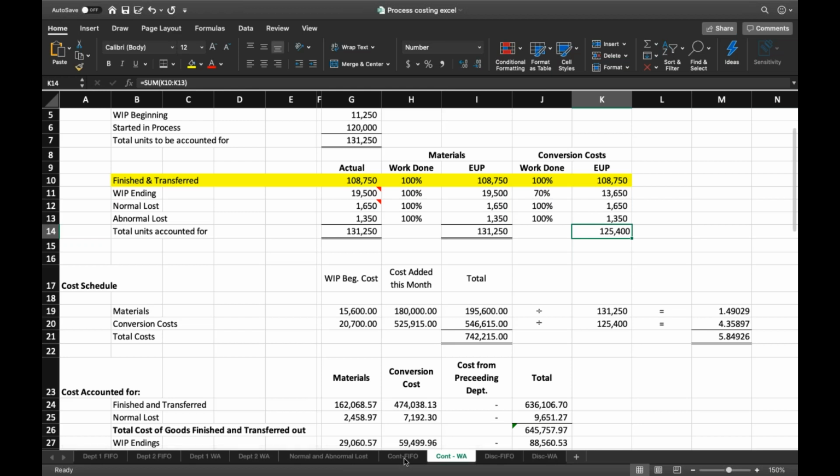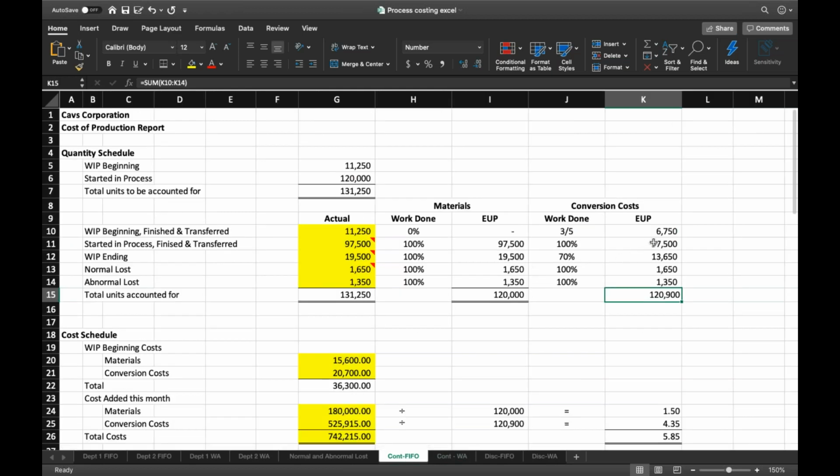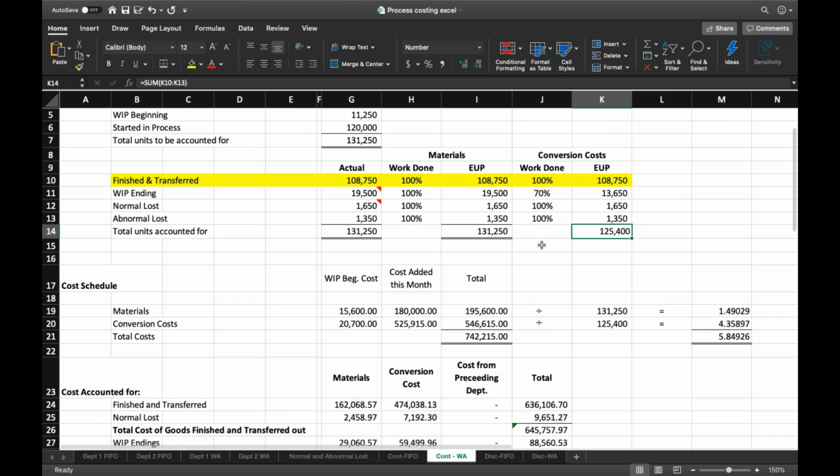Okay? I hope you were able to see the difference. Ito, 0 siya dito. Dito, 6,750. The rest are the same. So, nagkaroon ng change sa EUP natin. So, there is a change. Magiging iba din yung denominator natin. Iba yung magiging quotient natin.